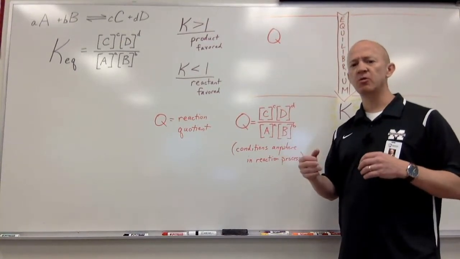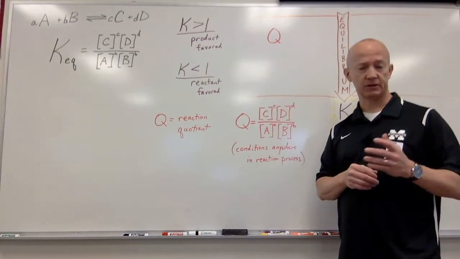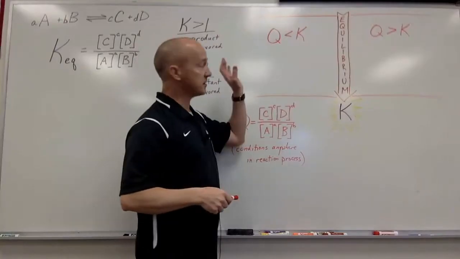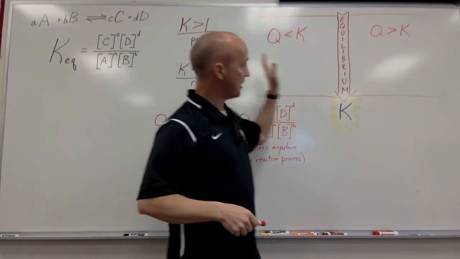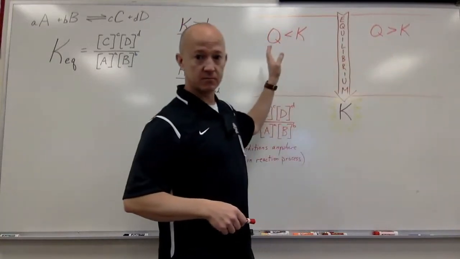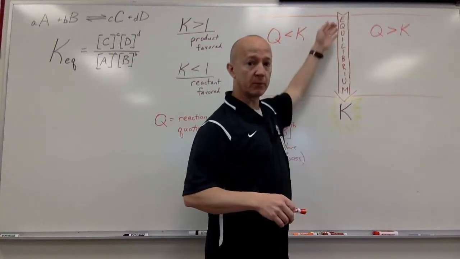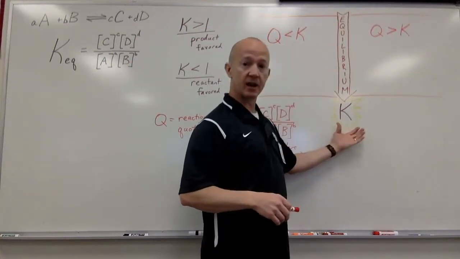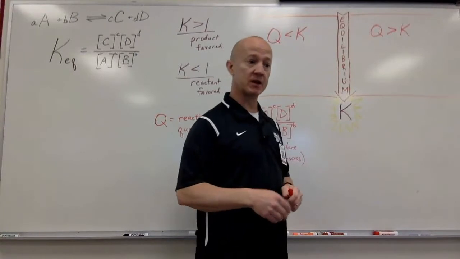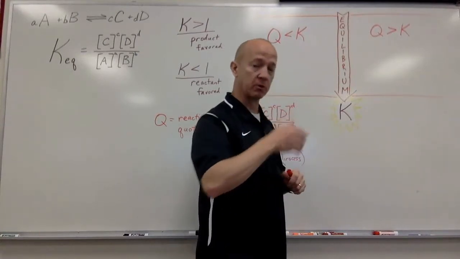So how does Q compare to K? Let's find out. Let's say that this diagram represents the extent of our reaction process, the whole spectrum. And right here I put equilibrium. This is K. Remember, K represents the conditions at equilibrium.